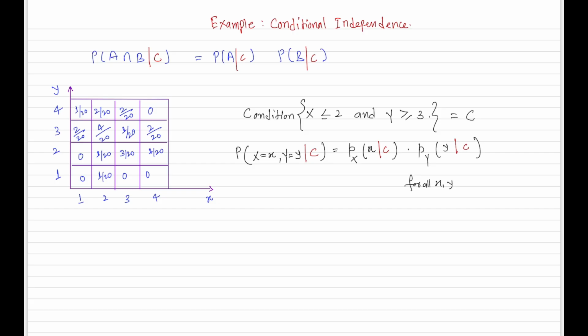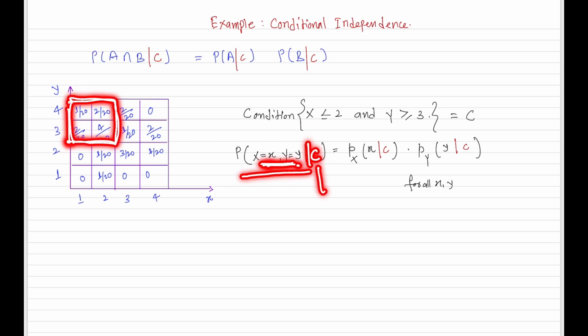Alright, first of all, look at this condition. This was your initial universe, right? Now, under this condition, where x is taking the value less than 2 and y is taking the value greater than 3, these will be your possible pairs, or this will be your universe. So first of all, you will have to find this joint probability under this condition for all possible values of x and y.